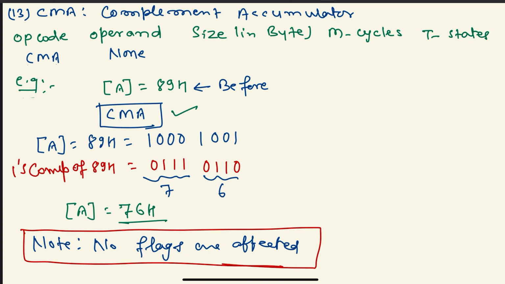Basically this instruction is used whenever we need to find the ones complement of given data, or whenever we need to find the twos complement. At that time also we can use this instruction.